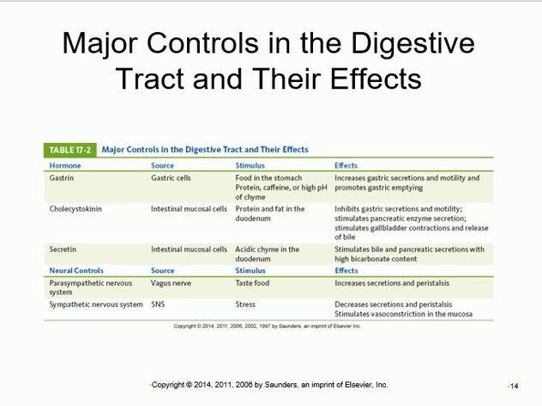The last one is secretin, and what you have to remember about secretin is that it promotes the secretion of bicarb from the pancreas. Are we okay so far? Bicarb from the pancreas. Do you remember when I started?